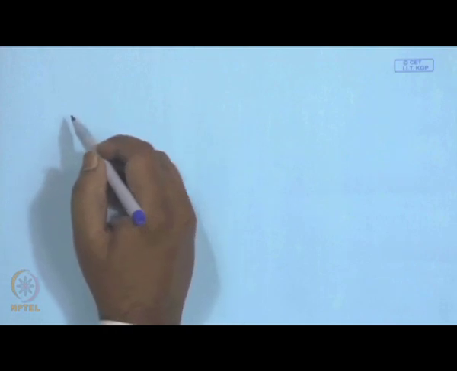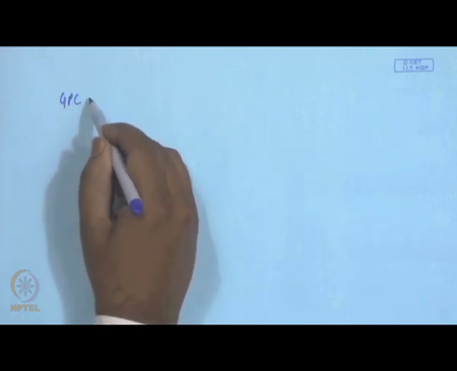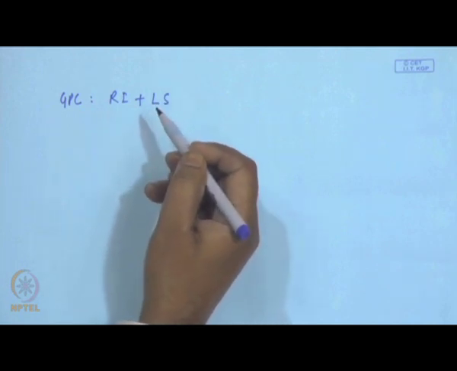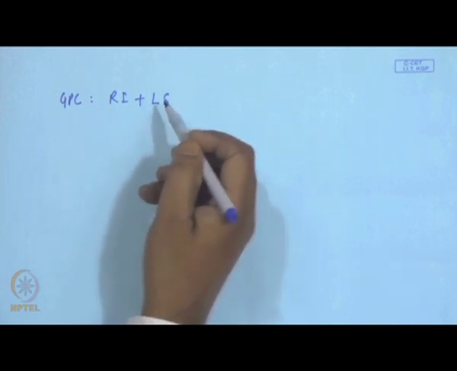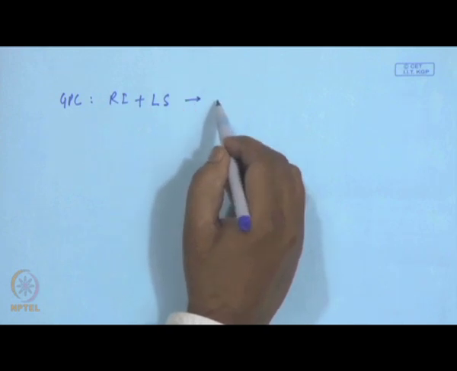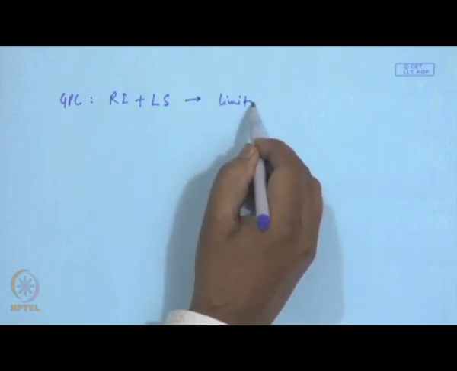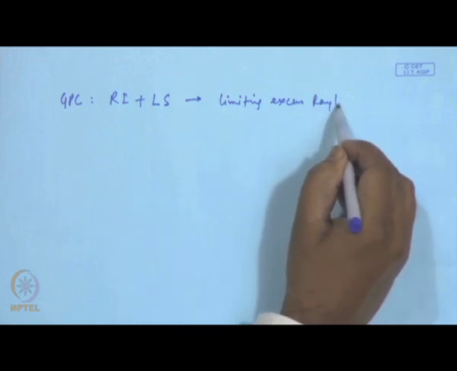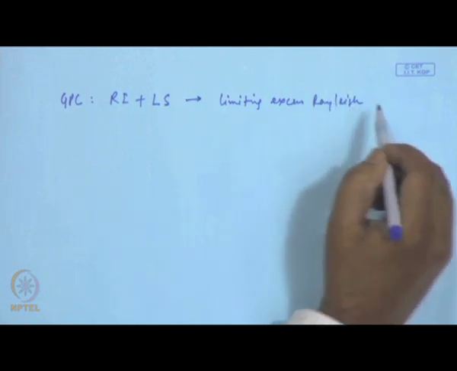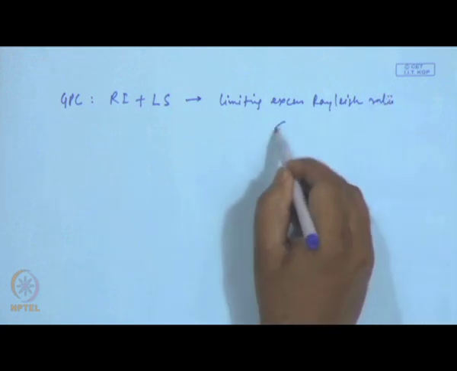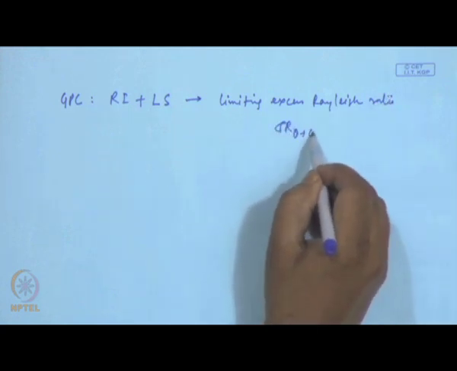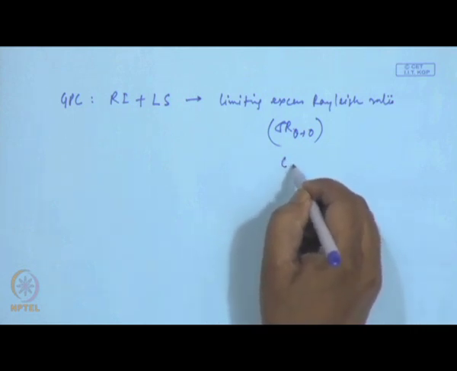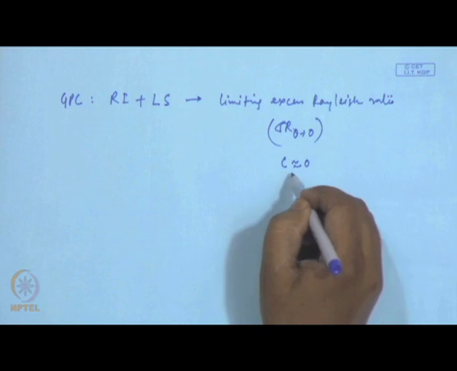For example, if we have GPC with RI plus light scattering detector, then light scattering gives us the limiting excess Rayleigh ratio, delta R theta, at theta equal to 0, and if you are working with a very dilute solution, we can consider concentration C is equal to 0.